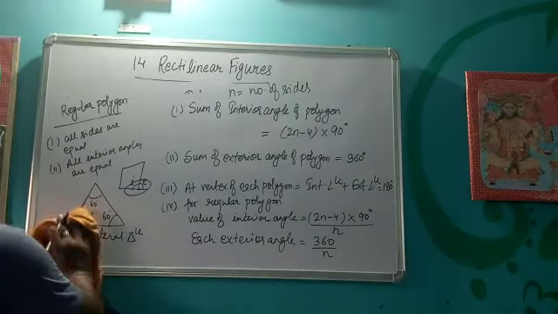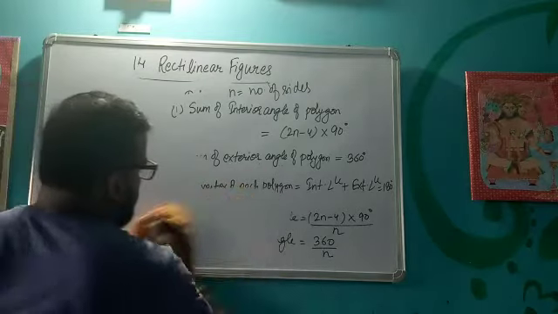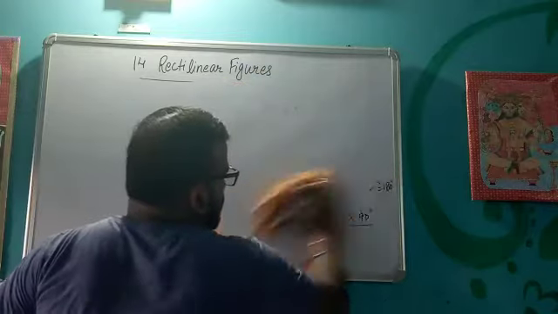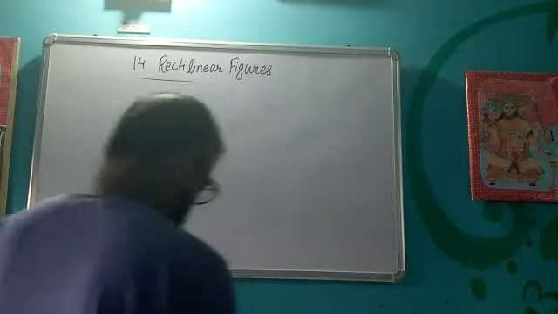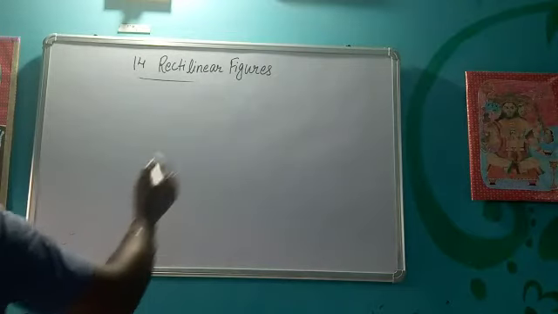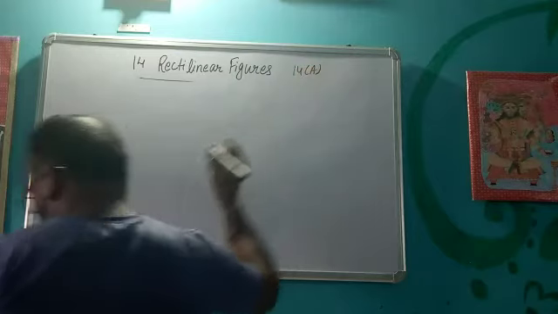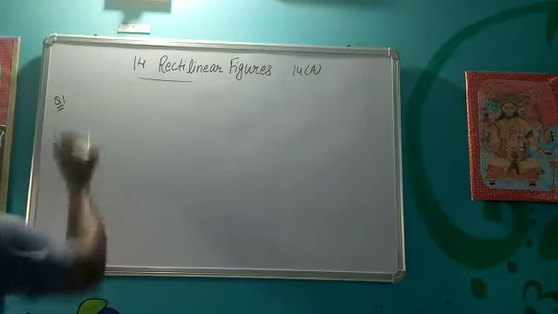Okay, so let's start with exercise 14a. Remember these formulas, and we will use them to solve the questions. So we will start with the first exercise, and the very first question we will discuss.